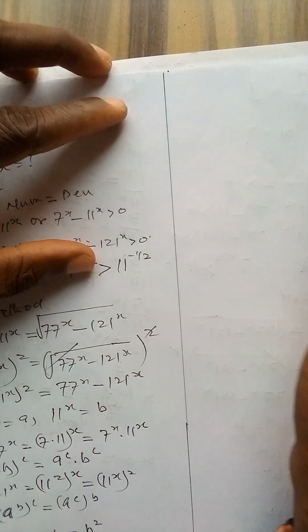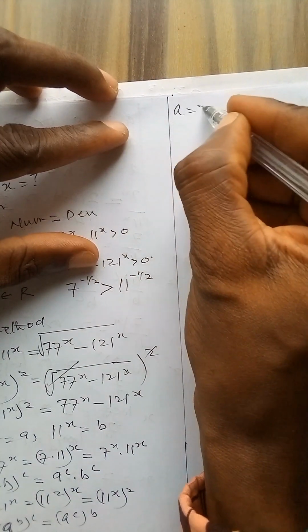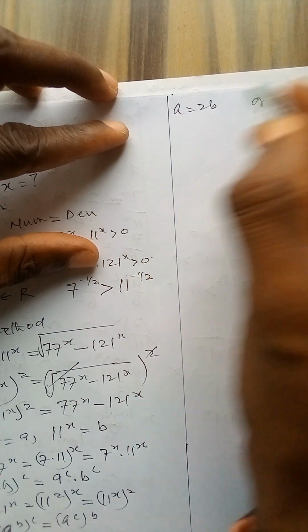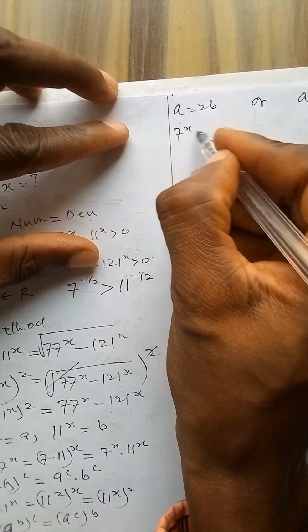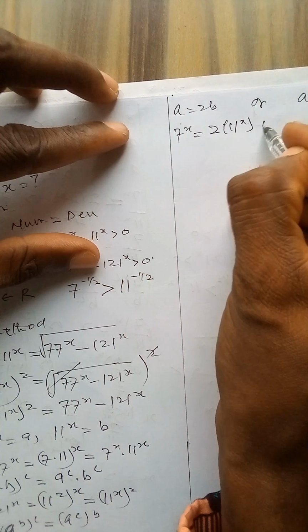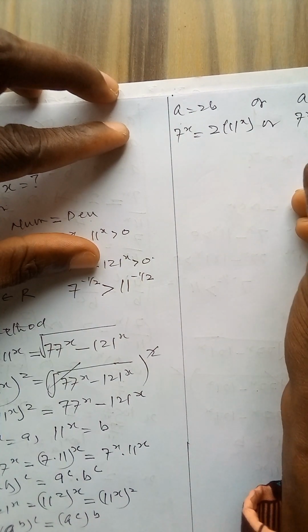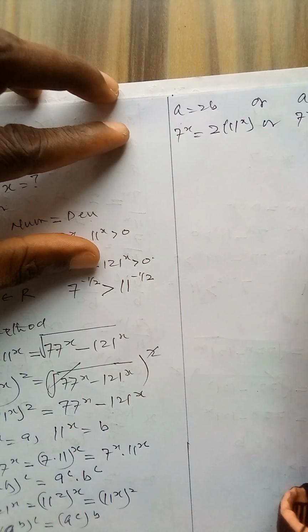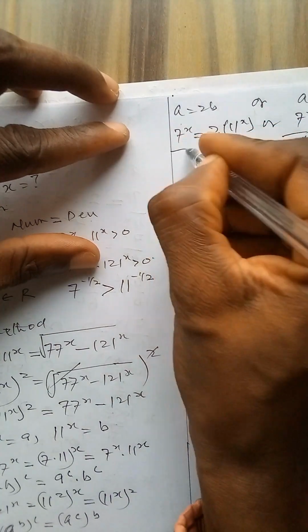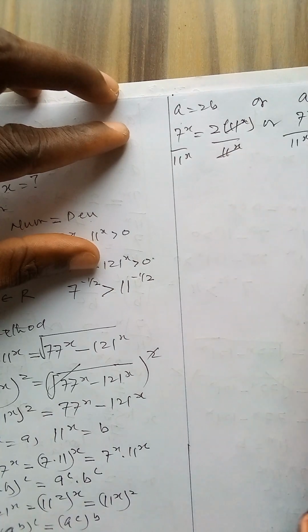In the first case, we have a is equal to 2b. In the second case, we have a is equal to b. Let's remember that our a is 7 to power x, and then b is 11 to power x. So let us divide both sides by 11 to power x. This and this will cancel out.